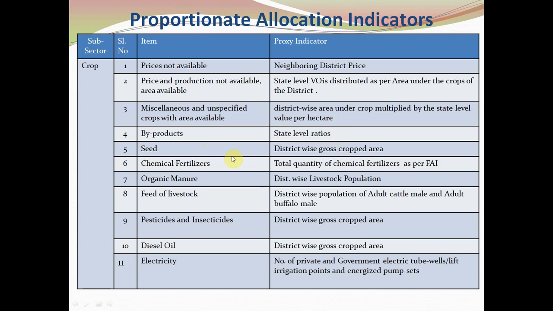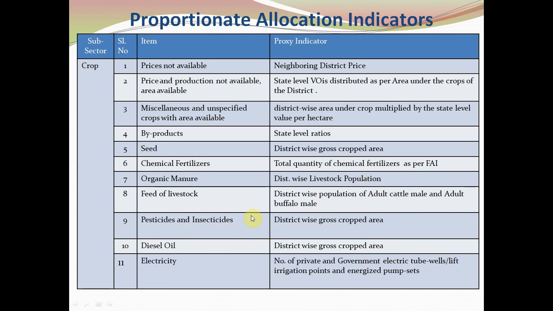For seed, we can take district-wise gross cropped area. For chemical fertilizers, total quantity of chemical fertilizers as per FAI can be used. Organic manure, for this district-wise livestock population can be taken as proxy indicator. For feed of livestock, district-wise population of adult cattle male and adult buffalo male is taken.